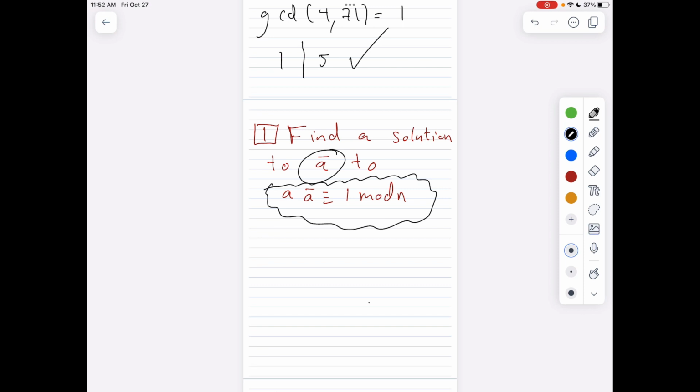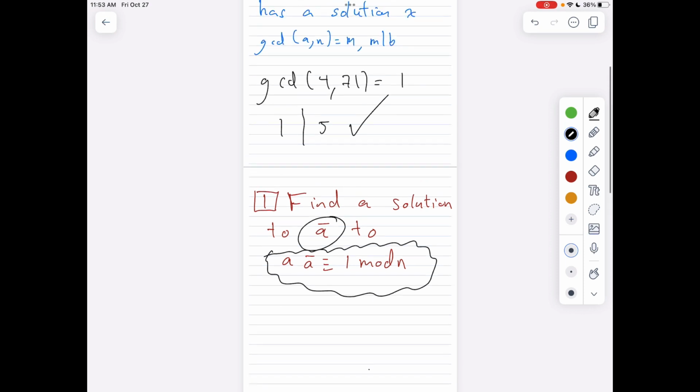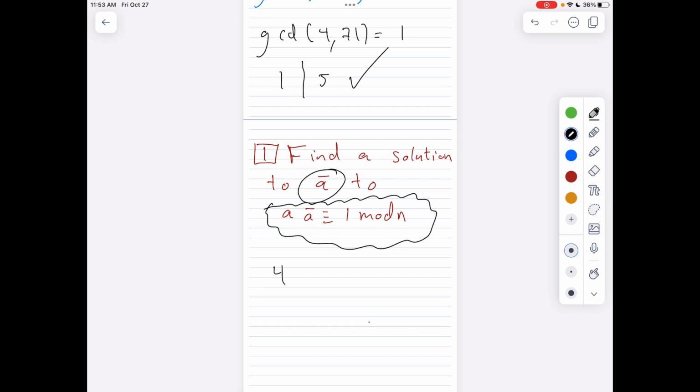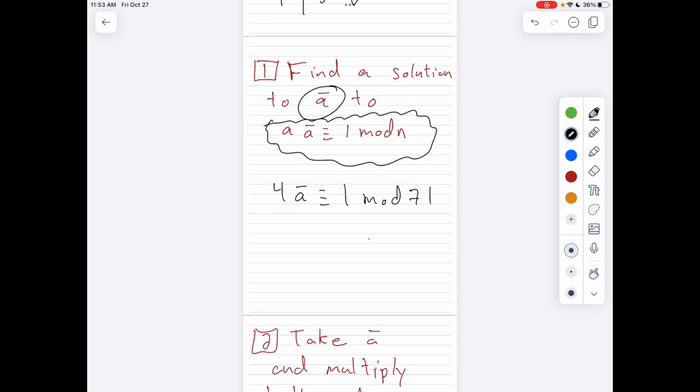So in our case, the a was 4, and n is 71. Okay, so we're looking for the solution of this equation: 4 times a bar is congruent to 1 mod 71. Sorry, if I said equation, I meant to say congruence here.